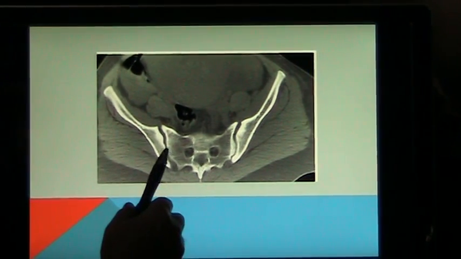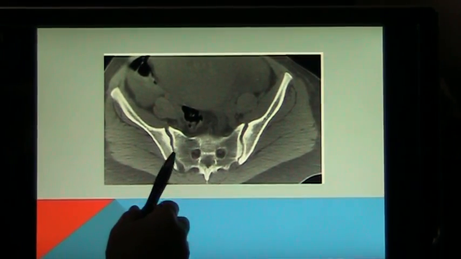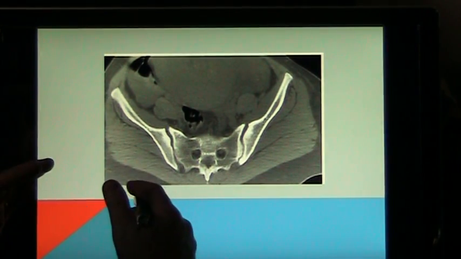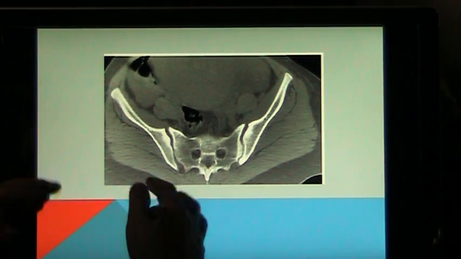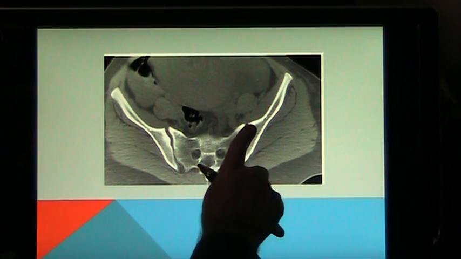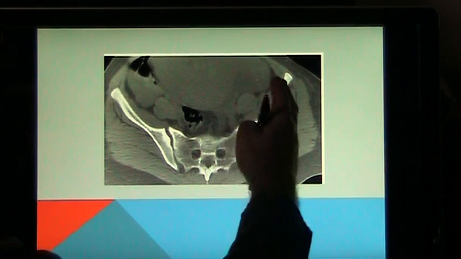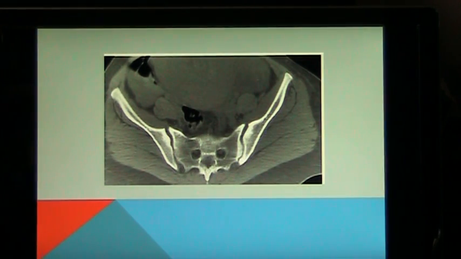This is where the interosseous ligaments are in the SI joint, and typically there's more space away from that. If you would see this part of the ilium come in to the sacrum, obviously this part would gap out, and that is typical anatomy.